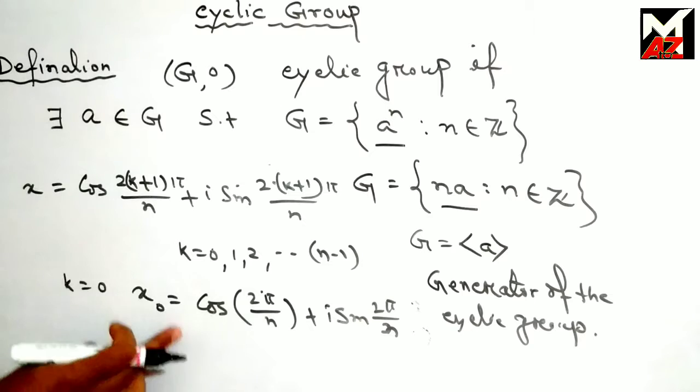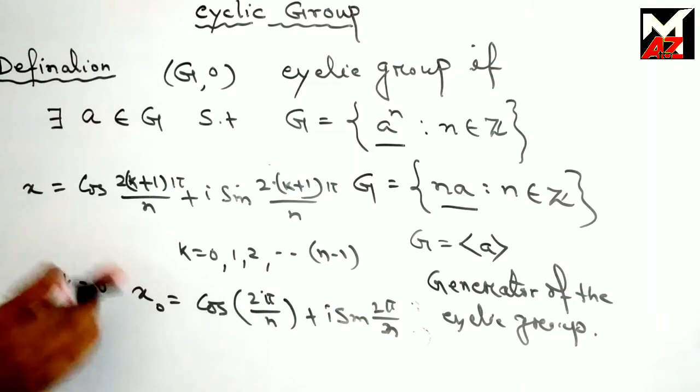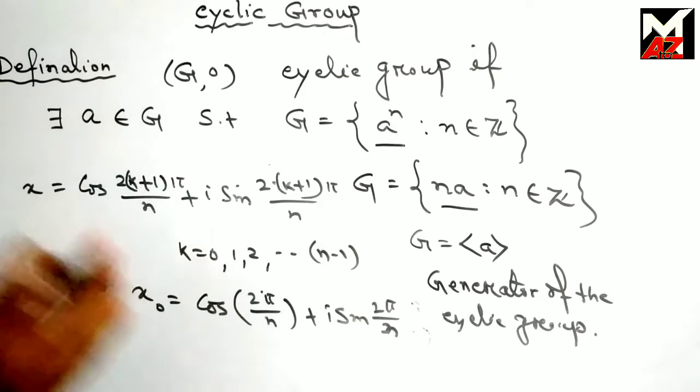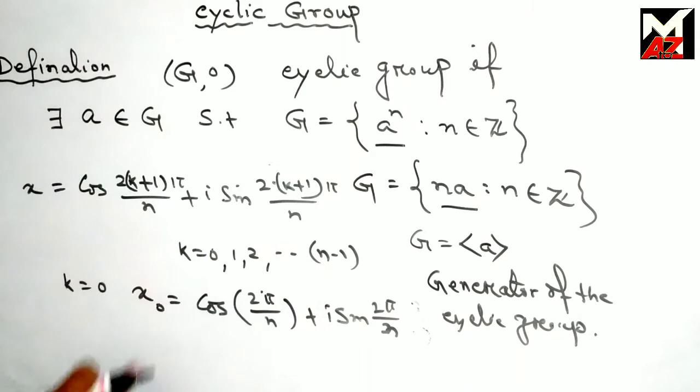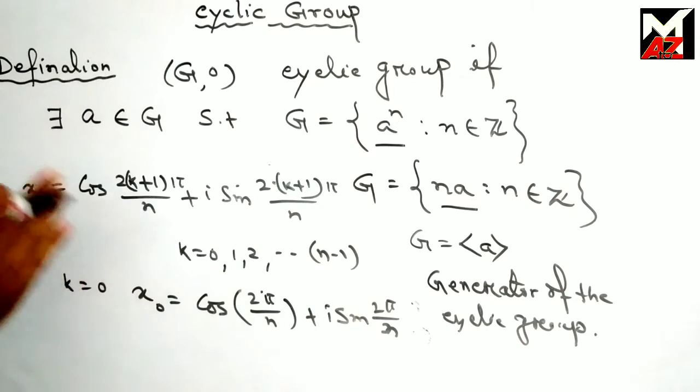And clearly this element can generate the whole group, that is, all the n elements of this group, x0, x1, x2 to xn minus 1. So this is also a cyclic group, right?